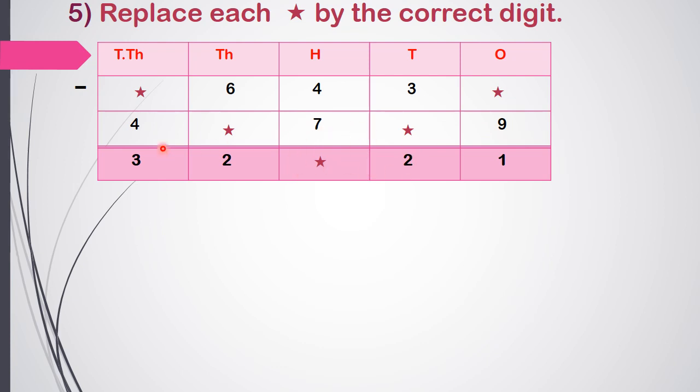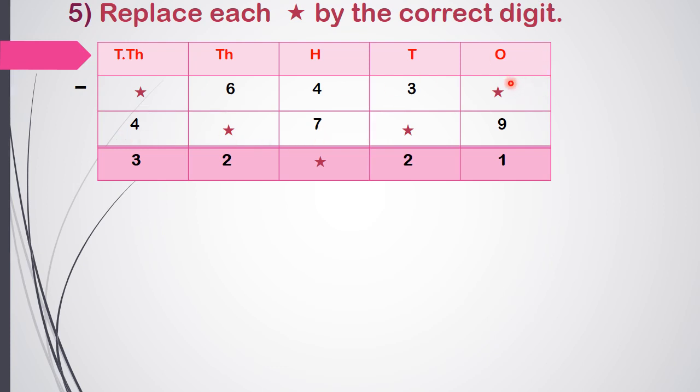So whenever we add the smaller number and the answer, we get the largest number. You have to keep this in your mind. In the same way, whenever we subtract the answer from the larger number, we get the smaller number.